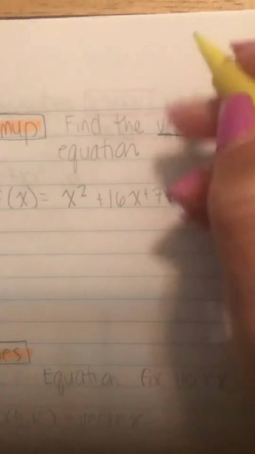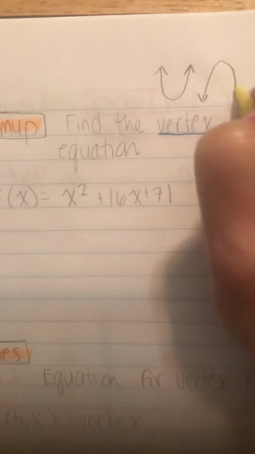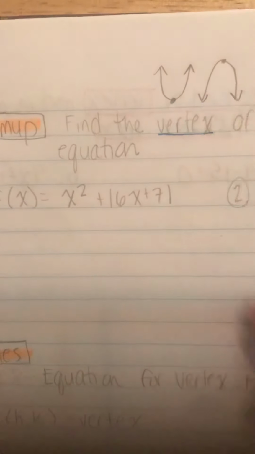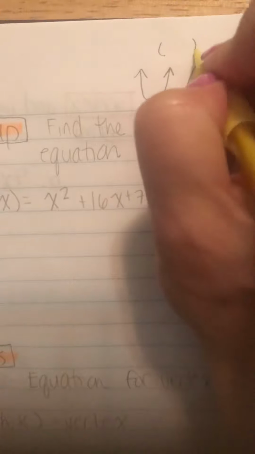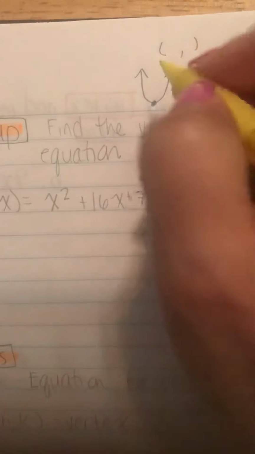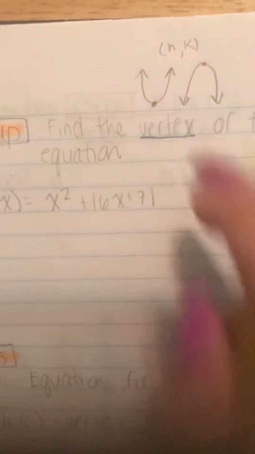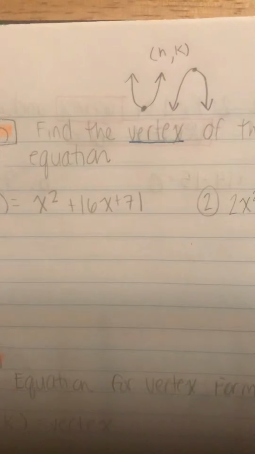It's always going to be in the shape of a parabola, which is a U. Like I said, it's either the lowest or the highest point. That's always called the vertex. Now, the vertex is a coordinate, and the letters are H and K. Those are the big things you learned about the vertex.